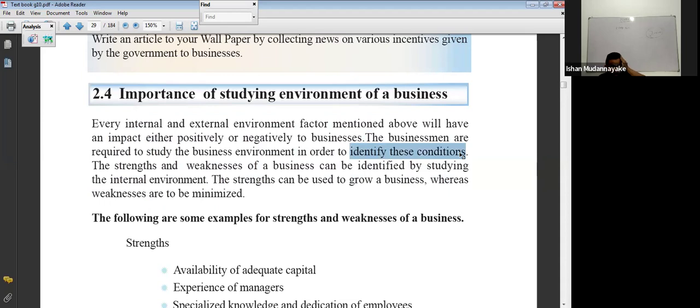Business organizations need to study these environmental factors continuously, especially the external environment. By studying the internal environment, they can identify strengths and weaknesses. Strengths can be used to grow the business, and weaknesses are to be minimized.